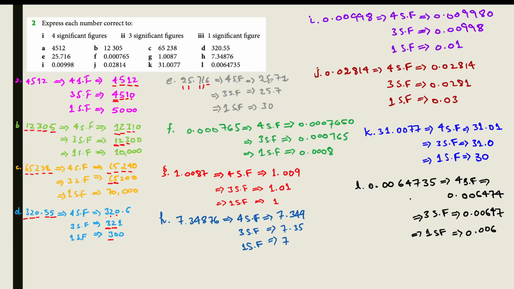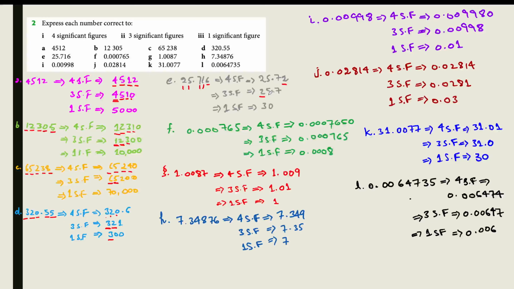If we express this number as 3 significant figures, it will be 25.7. The fourth significant figure is less than 5, therefore 7 will remain the same. If we express this number as 1 significant figure, this is the first significant figure.